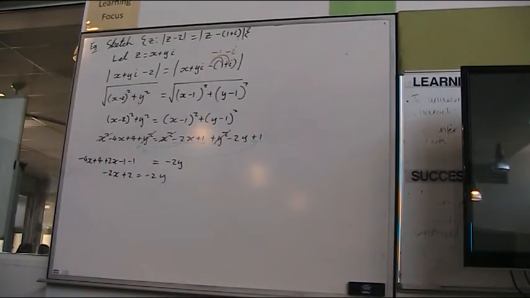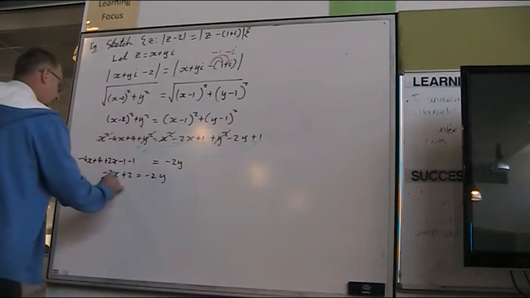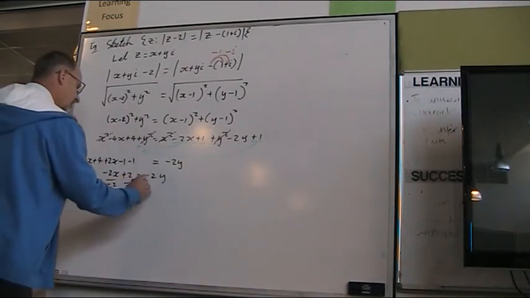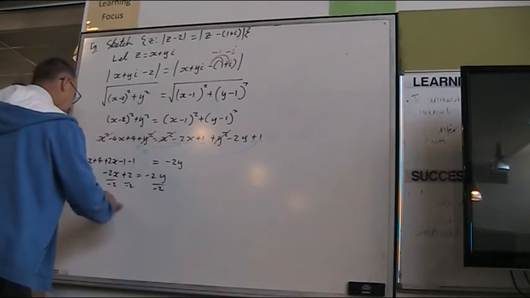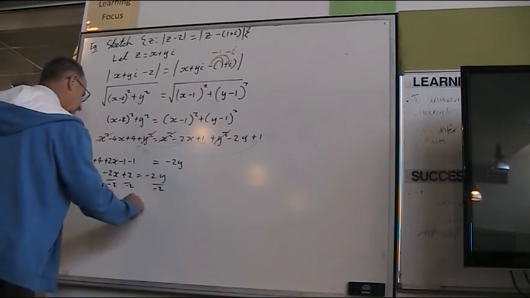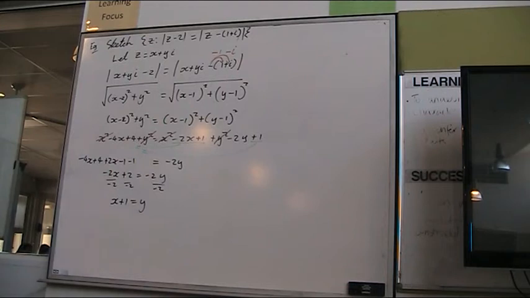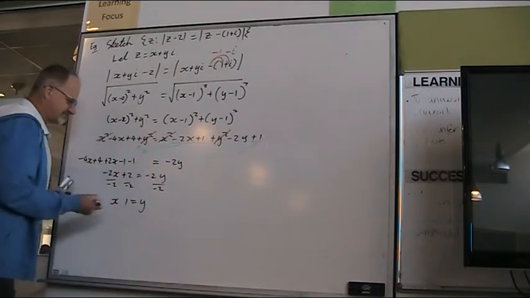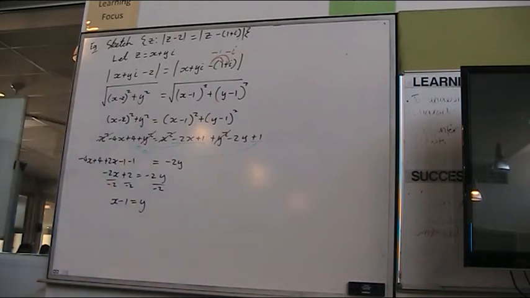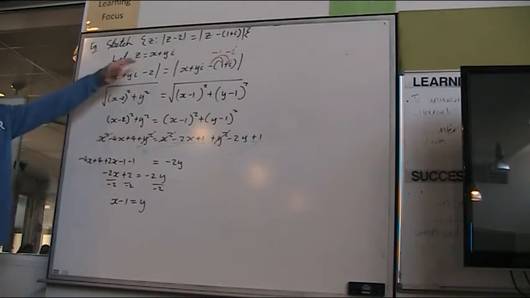Last step here is to divide by negative 2. And then I get x plus 1 equals y. x minus 1, thank you. x minus 1 equals y. All right, so now Cartesian form. You know how to deal with that quite easily.